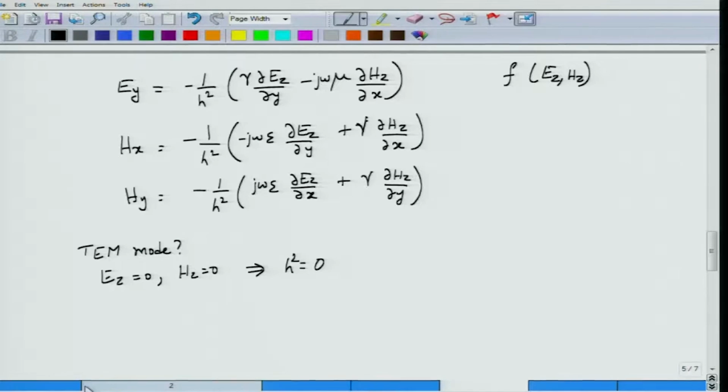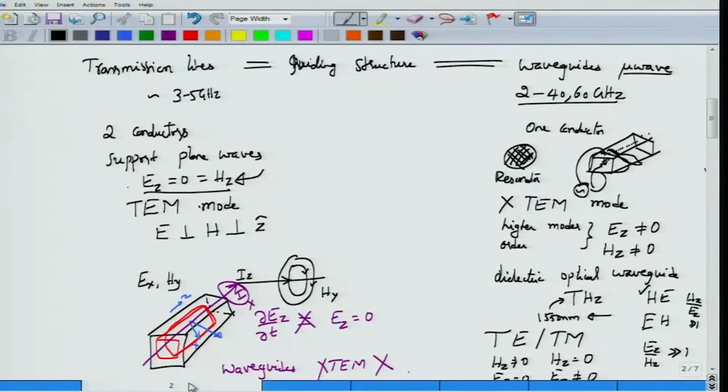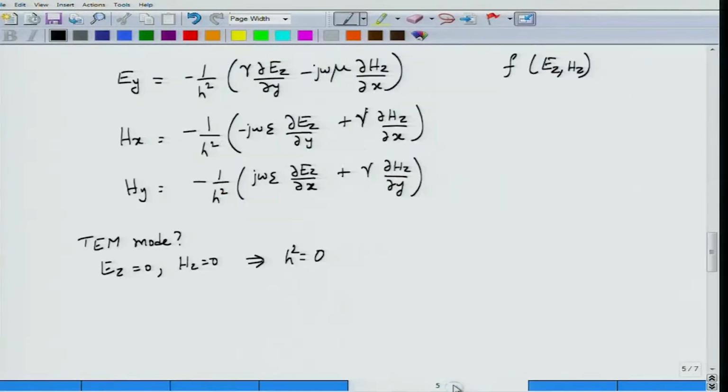Because you now have 0 by 0, and a small quantity by a small quantity will keep everything finite. So if you want Ex, Ey, Hx and Hy all to be independent of x and y and propagating along z, which forms the TEM mode, then the condition is that h square should be equal to 0, or equivalently h is equal to 0.